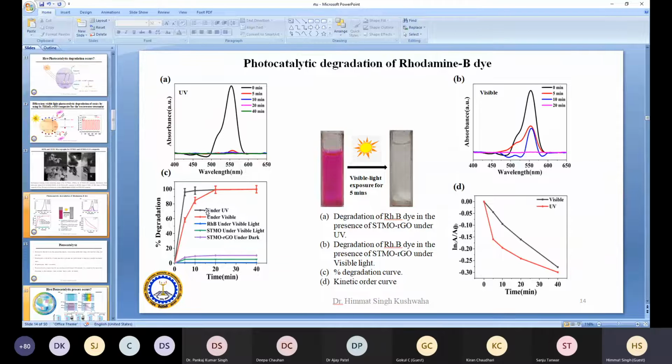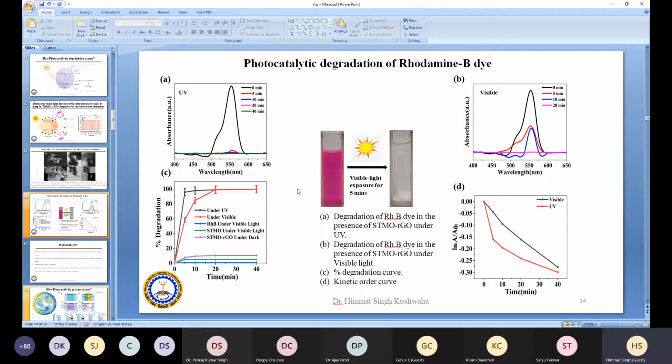In the control studies, like the degradation under only UV and only visible light, and the rhodamine B degradation under visible light, you can see there is no significant degradation. When we place this catalyst in the dark, there is some adsorption over the catalyst, up to 10%.